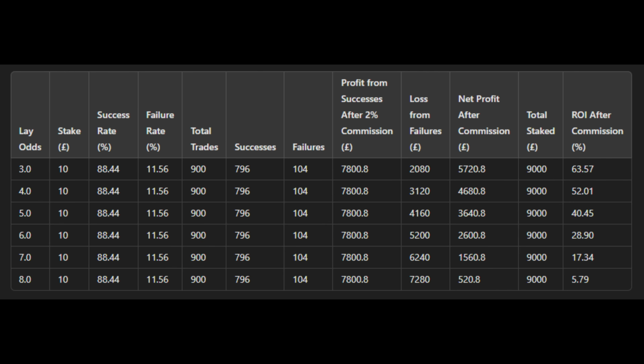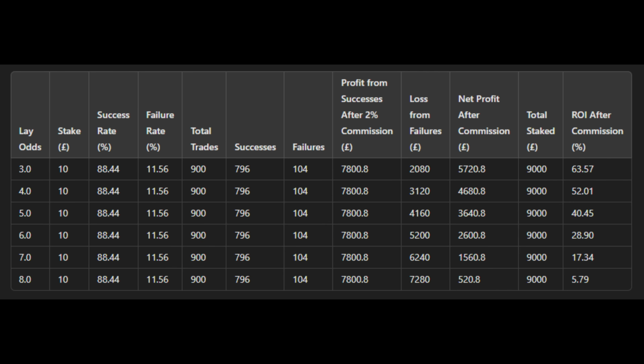As we move to higher odds, 4.0, 5.0, 6.0, 7.0 and finally 8.0, we see a significant drop in profitability and ROI. For example, at 8.0 lay odds, the net profit is just £520 and 80 pence, with an ROI of 5.79%, despite maintaining the same success rate of 88.44%.